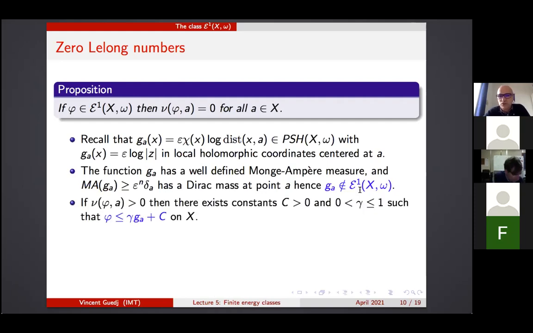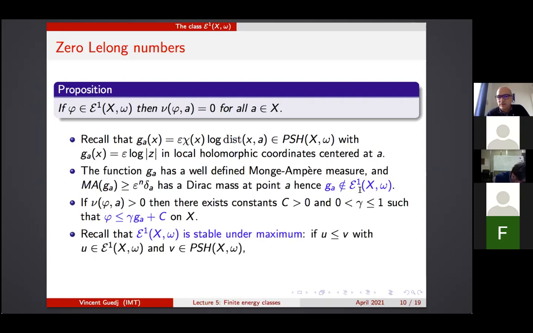Now imagine that you have a function phi, now an arbitrary one, which has a positive Lelong number at point A. Then by definition, we can find constants C and gamma so that phi is less or equal than gamma G_A plus a constant C. Now remember that I explained that E1, it's a simple consequence of the definition, is stable under maximum. So if U is less or equal than V, with U in E1, and V omega-psh, then V should be in E1.